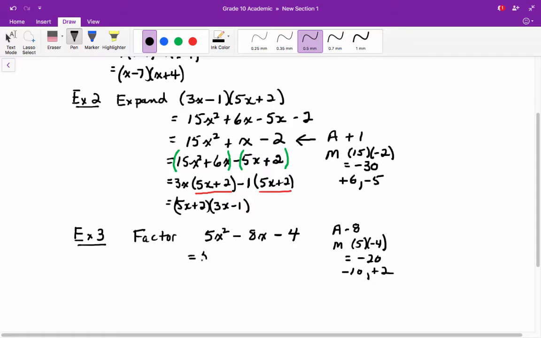We're going to replace the negative 8x using these numbers. So it's 5x squared minus 10x plus 2x minus 4. Once again, we're going to group the first two, and we're going to group the last two, and we're going to common factor each group.